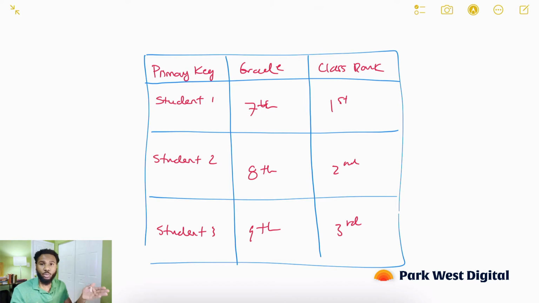Super trivial, super elementary, right? But this is really all a database is. It's the same thing. We're just storing information about very specific entities in an organized manner. And what this allows us to do is, as you can see, if I needed to find out what is the class rank of student 3, you just find that primary key, student 3, and you look up the attribute class rank for that primary key.